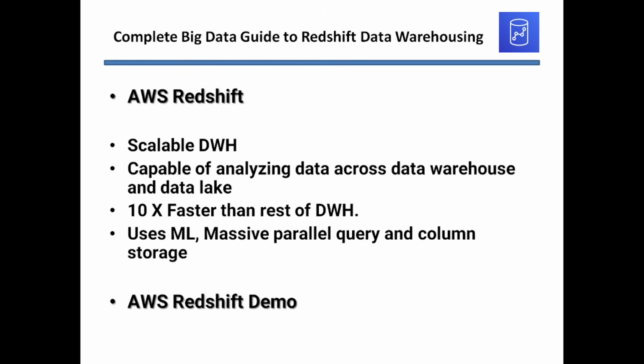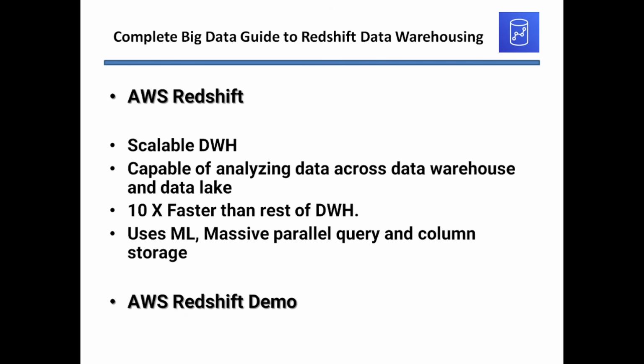It is seamlessly easy to analyze your data. It is 10 times faster than the rest of the data warehouses because it uses machine learning, massively parallel query and columnar storage methodology.